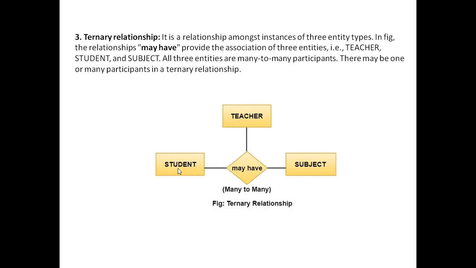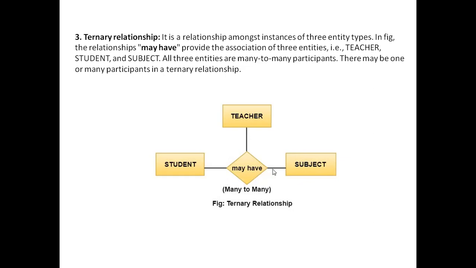Likewise, a single student may have a single subject and a single teacher, or many students may have many subjects and many teachers. A single teacher may have all students, but a single teacher may have only one subject, or sometimes it can be all subjects or many subjects also.